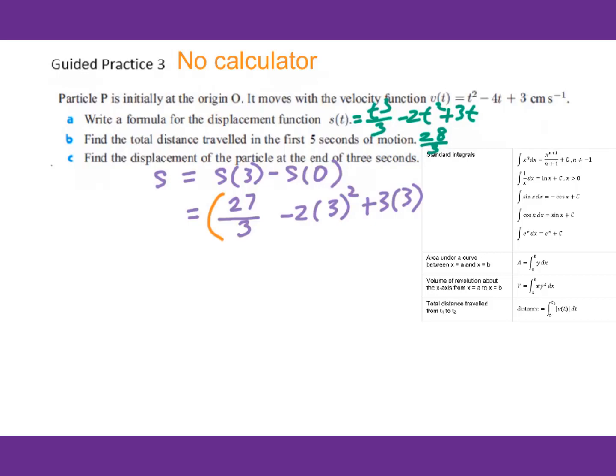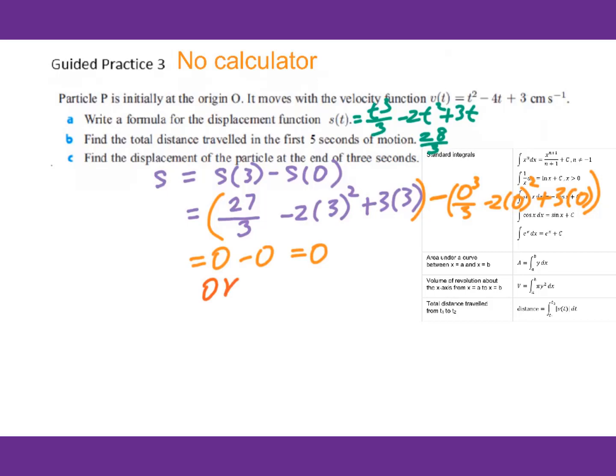This is s of 3. Then you need to minus, plug in 0: 0 to the third power over 3 minus 2 times 0 squared plus 3 times 0. You will get 0 minus 0 equals 0.